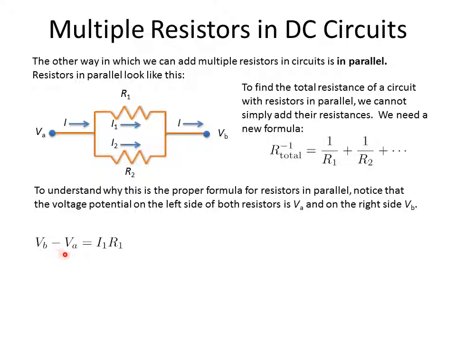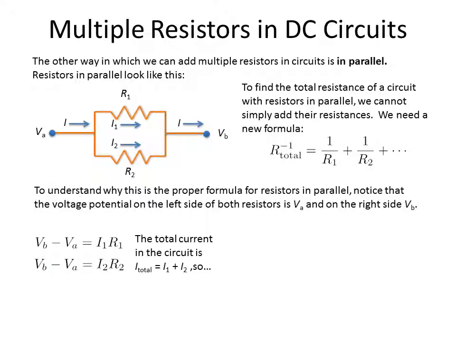So if we were to look at what's happening, look at the voltage coming in. The voltage drop from here to here is given by Ohm's law. It's I1 times R1, V equals IR. Same thing for the other one: I2 times R2 has to be equal to the same voltage drop, VB minus VA.